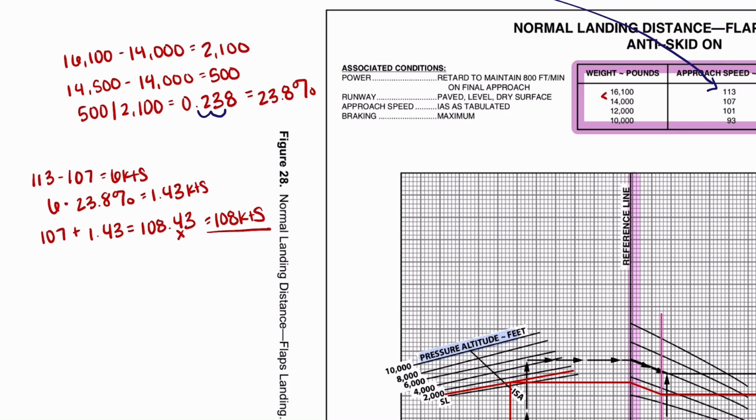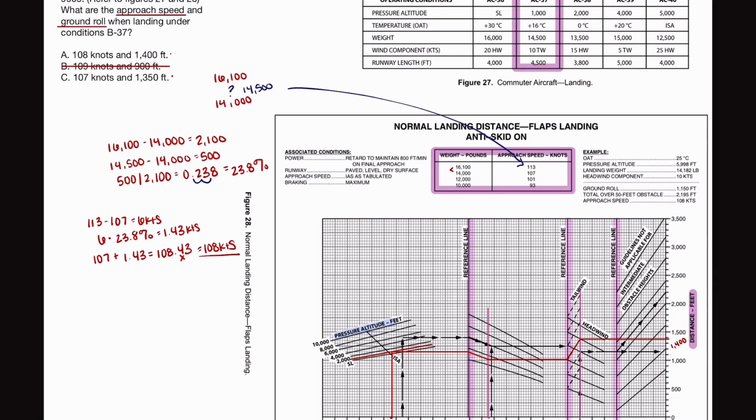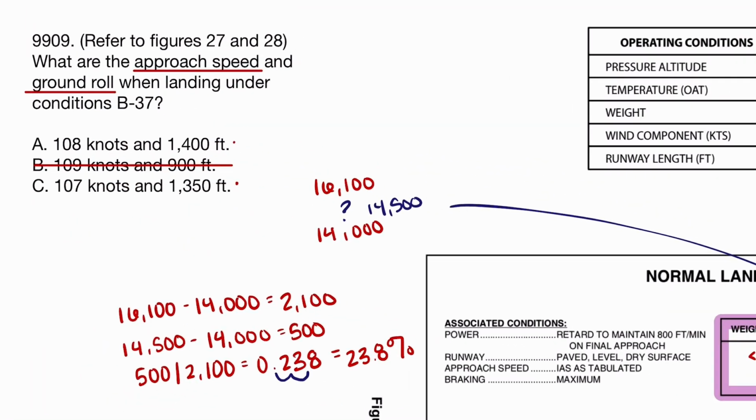of approach speed. And so now we can come back and look at our answers over here, and we've determined that answer choice A will fit our needs the best. So we get 108 knots, which is correct, and 1,400 feet, which is almost exactly what we got on the chart.